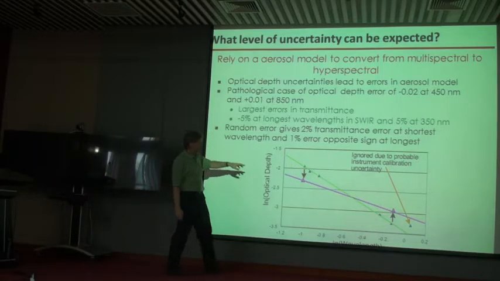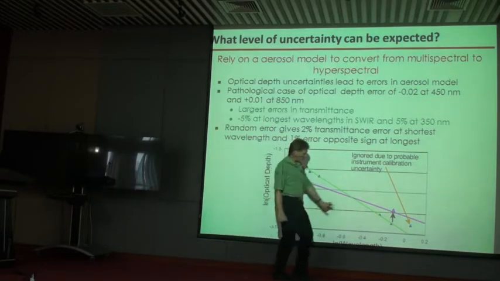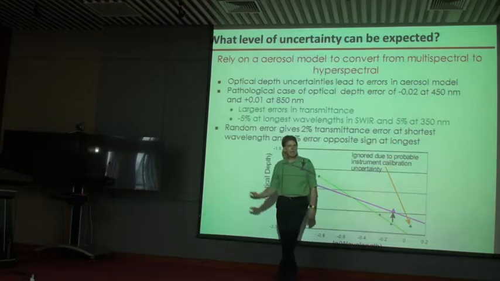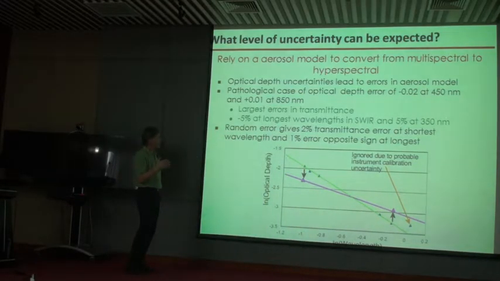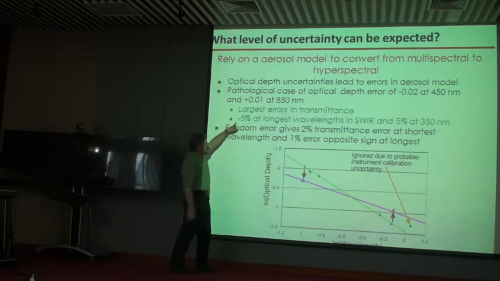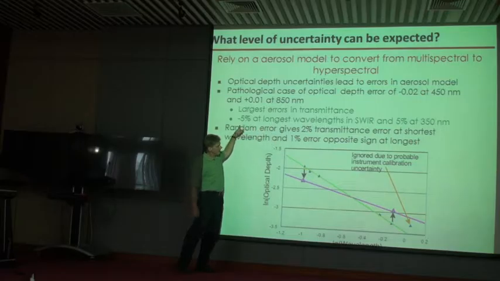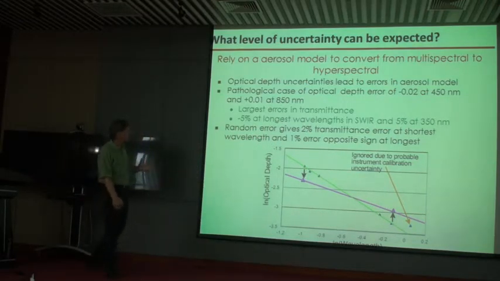I'm going to go ahead and say minus 0.02 at the short wavelength, plus 0.01 at the long wavelength, and recompute the Junge parameter and use that to get my estimate of what my uncertainty might be in the Junge parameter. And so now what we have is basically a case where you end up with 5% uncertainty in terms of the optical thickness that you would retrieve in those cases.